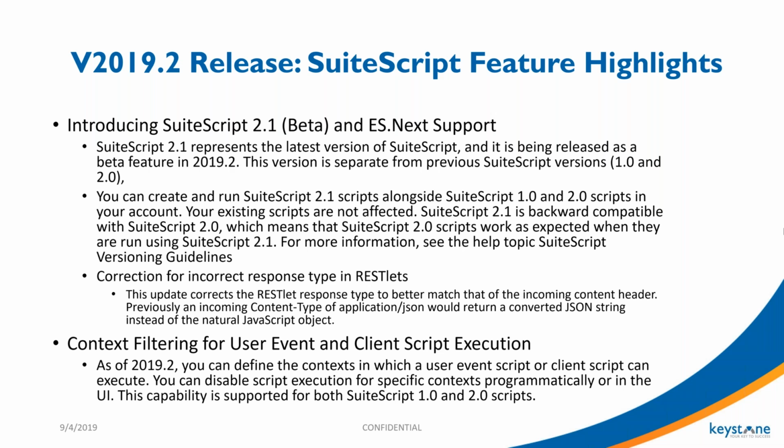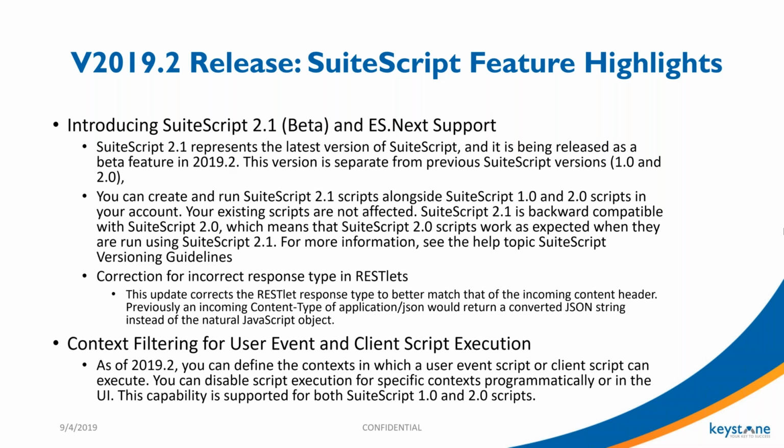So any of the scripts that do reference 2.x, the only thing to really keep in mind or be aware of that could be a breaking change is the third bullet point on there, where it says correction for incorrect response types in restlets. Restlets would frequently change the response type that it sent out to be different than what the incoming response was.